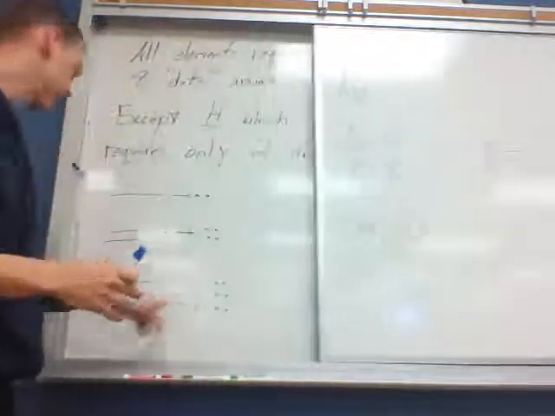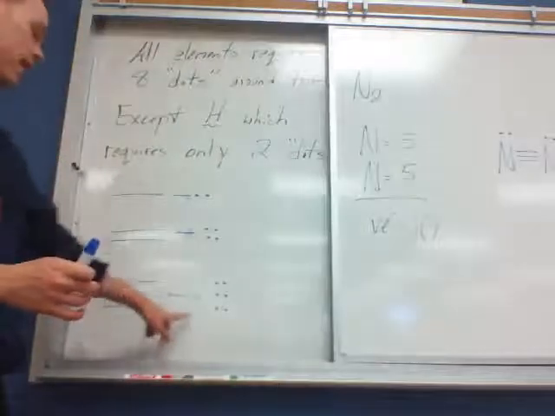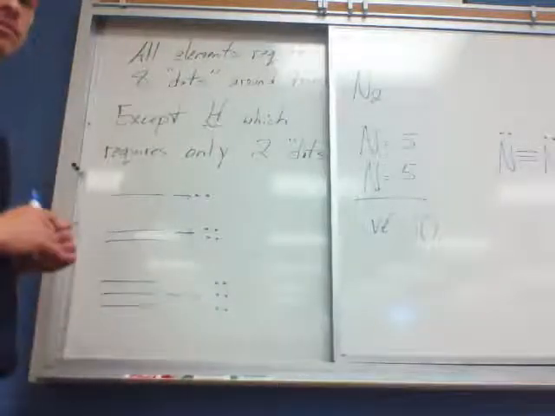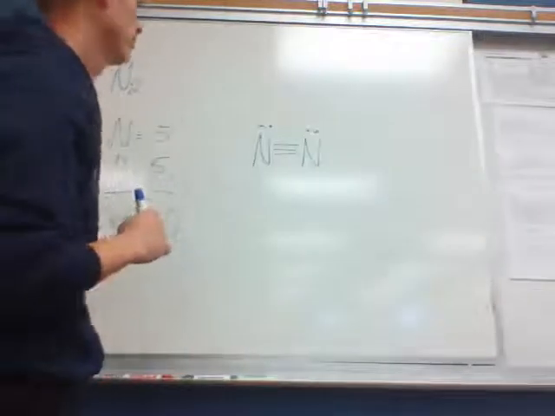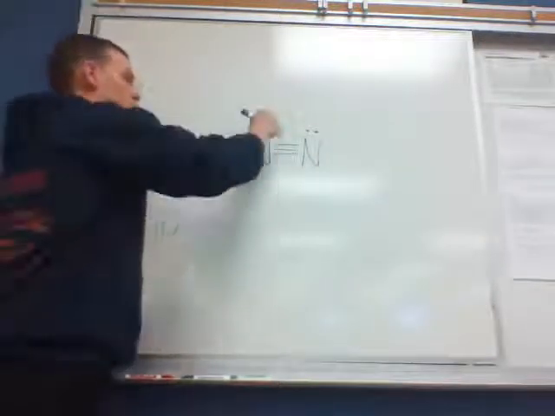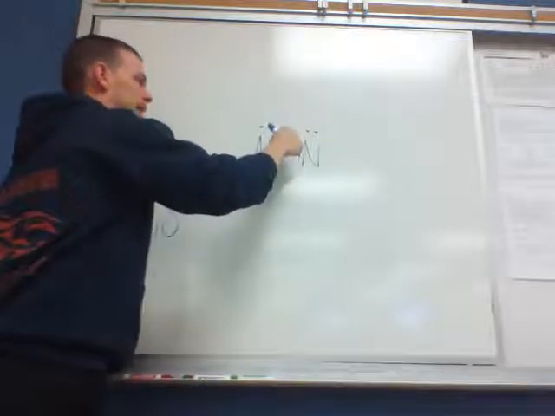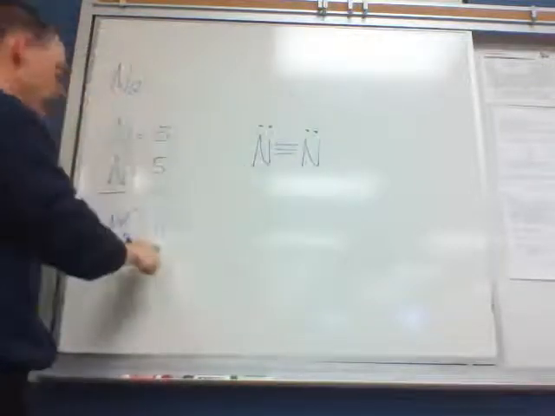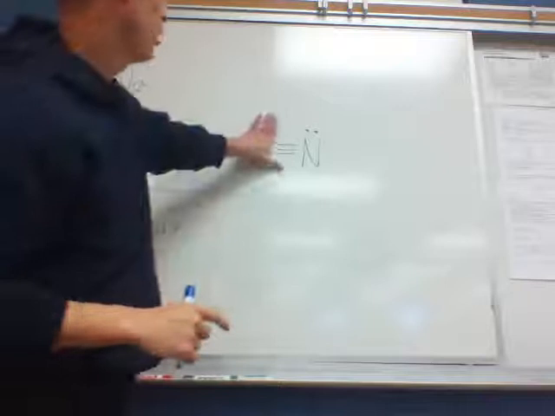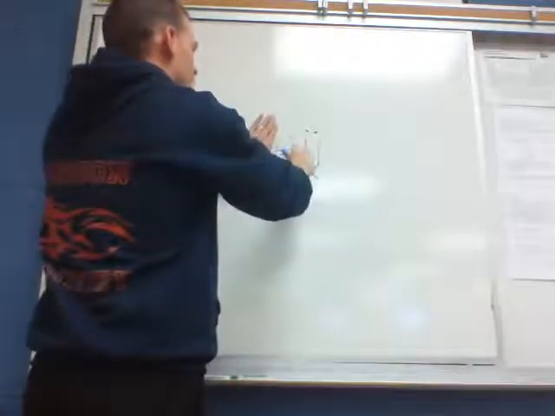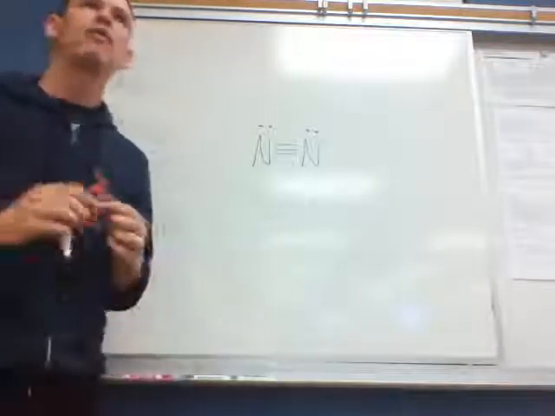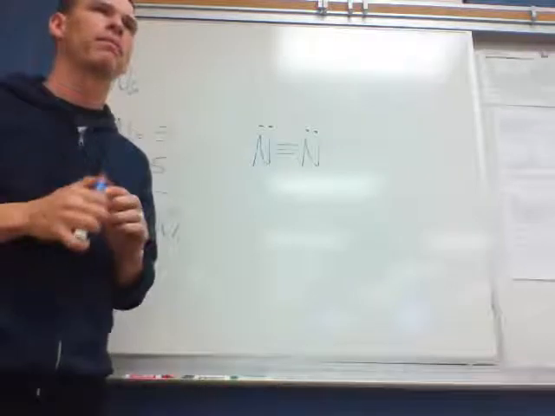Remember, this triple bond guy does exist, representing 6 electrons. 2, 4, 6, 8, 10, and then look at the individual nitrogens. This nitrogen has 2, 4, 6, 8 on him, as does that one. And now everybody is happy.